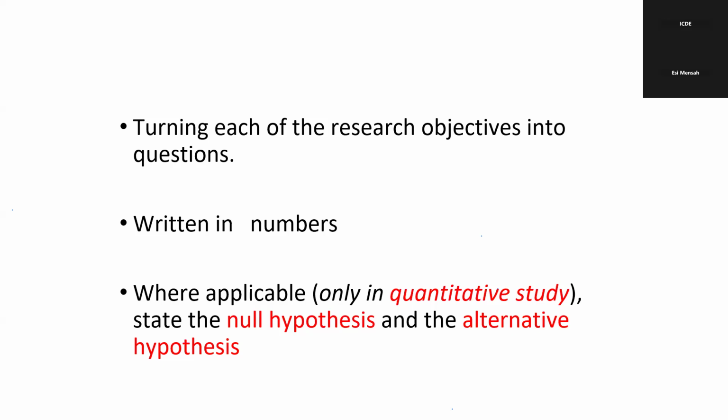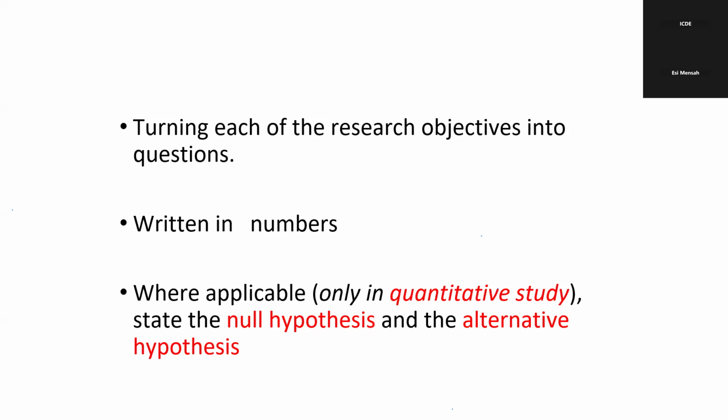So being abreast of the literature is always important. So let's say that you are doing quanti. If you are doing a quantitative study, you are required to have hypotheses. Quantitative research requires hypothesis statements.